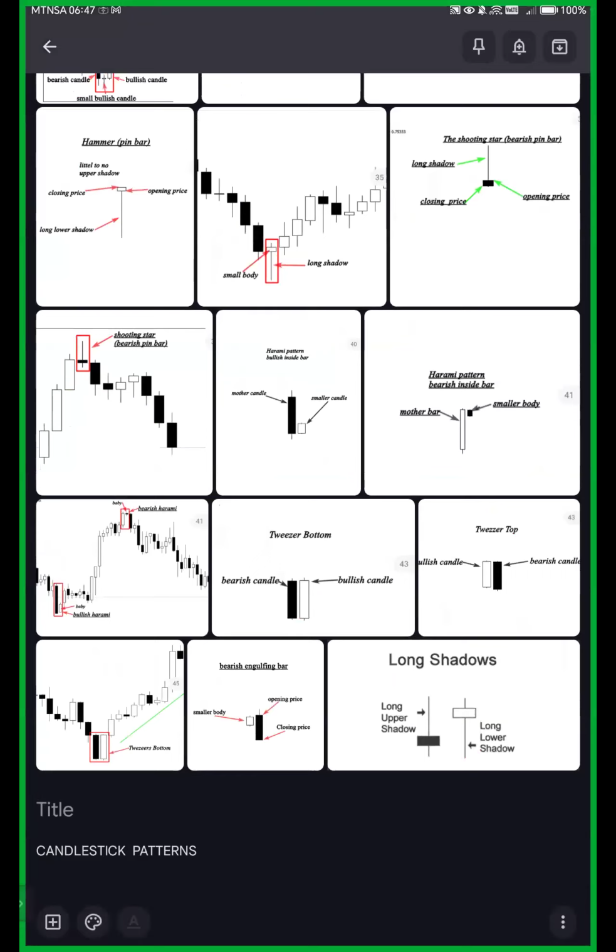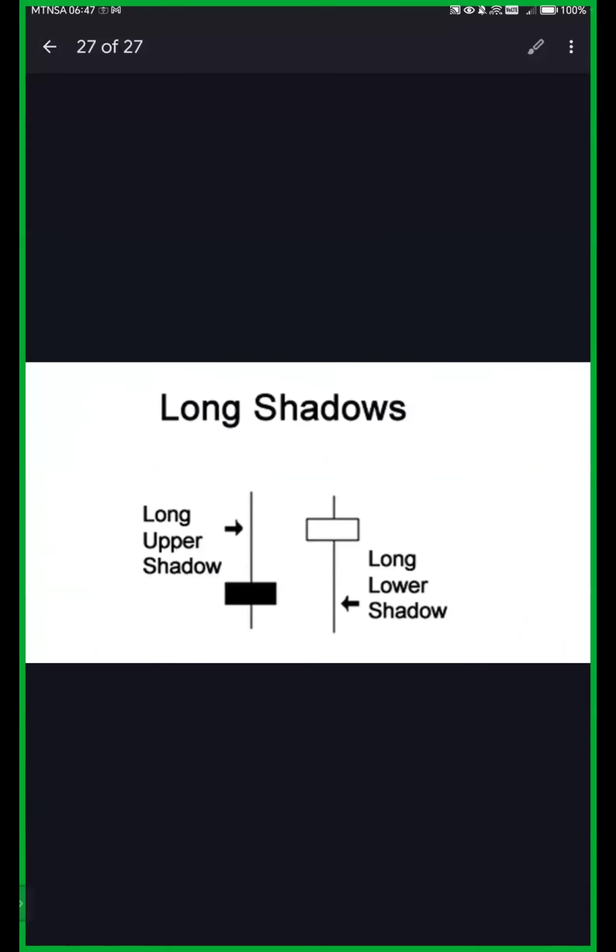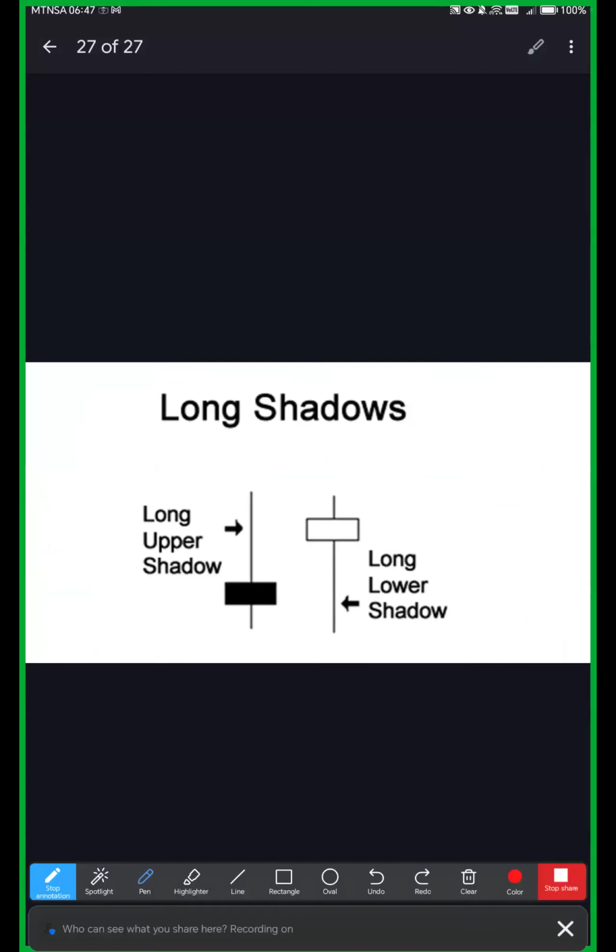I hope my screen is visible. I am summarizing here, ladies and gentlemen, that when the price opened here, we are talking about a candlestick with an upper shadow which is long. This one here is a long shadow on the upper side of the body of the candle, and this one is on the lower side of the body.